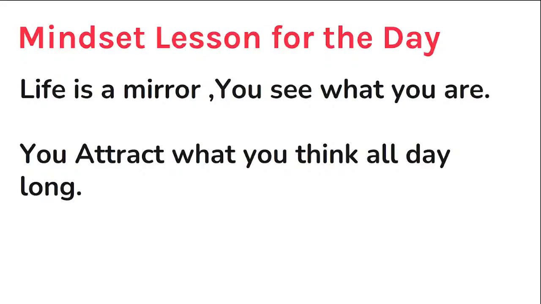If you think about failure, you will get failure. So what you think really matters. If you think everyone is cheating you, it means you have to change your inner feeling and put it in a positive way. The first thing is that change happens inside first, within. Then you can see the change in the outside world. So life is a mirror. You see what you are. This is a lesson I'd like to share with you today for this series.